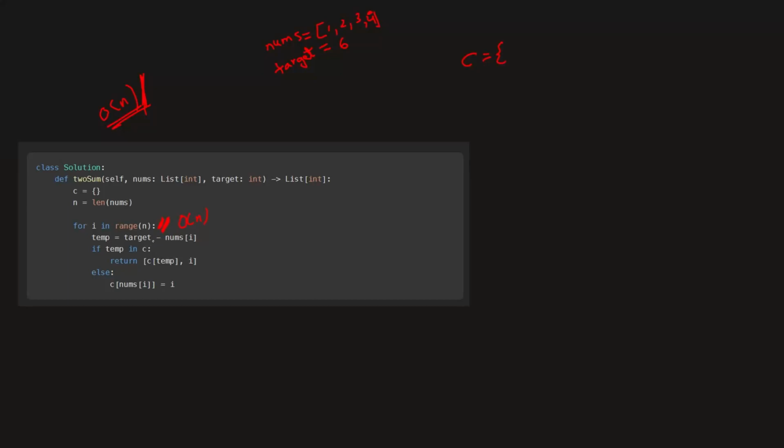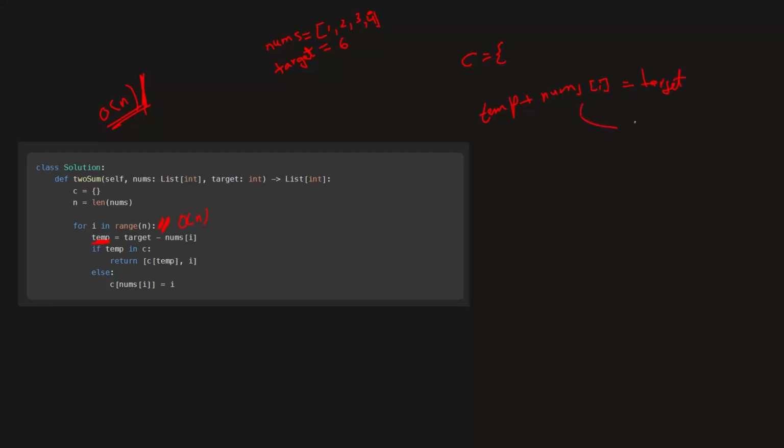First, we have a temp variable, and we are storing the number we require, which can be added to nums of i to become the target. So we are doing basically temp plus nums[i] equals target.